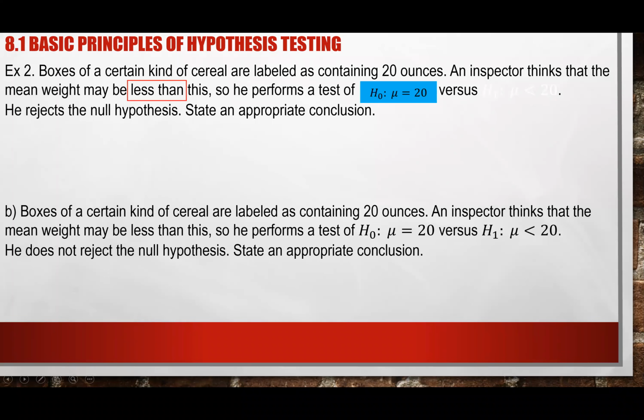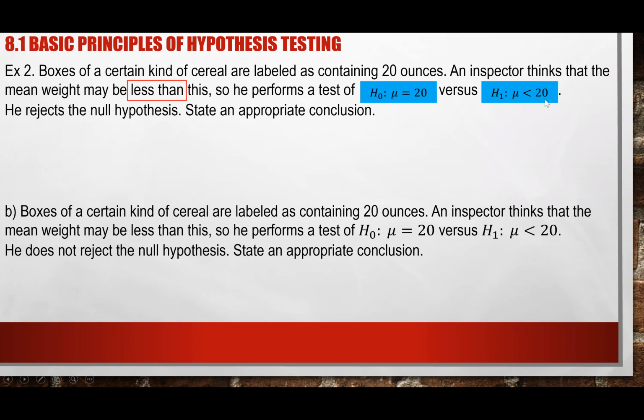And he wants to prove that the manufacturer is lying and puts less than 20 ounces, so do you agree that our alternate hypothesis is mu is less than 20? That is your testing item. So your statement is mu is equal to 20 versus mu is less than 20.